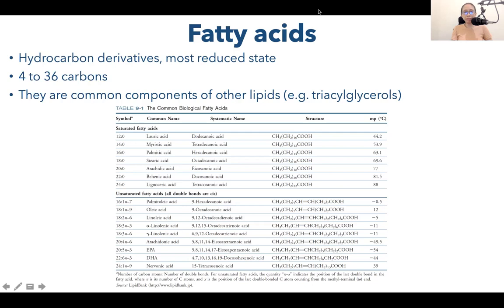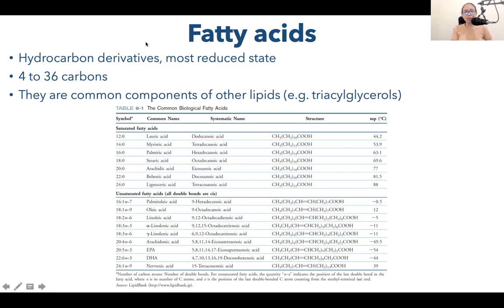Anyone? Sino may idea? Di ba nasa ano na kayo? Nasa metabolism na kayo? Ang sagot ay kung paano sinisynthesize ang fatty acids. Anyone? Janelle. Nagtawag. Janelle.